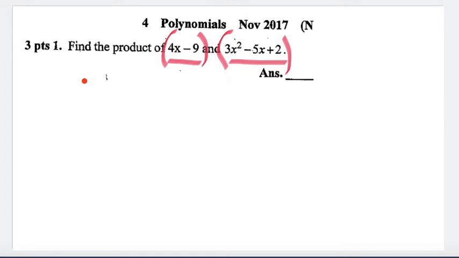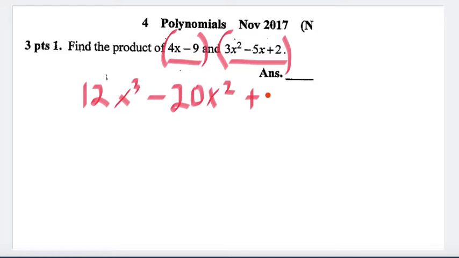4x times 3x squared is 12x cubed. 4x times minus 5x is a minus 20x squared. 4x times 2 is 8x. And then I move on to the negative 9 times each of these.